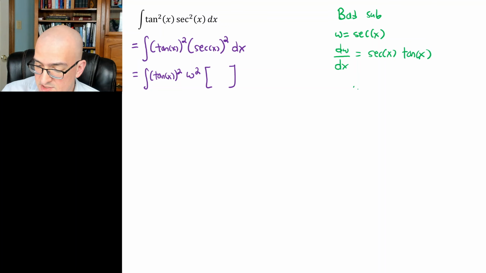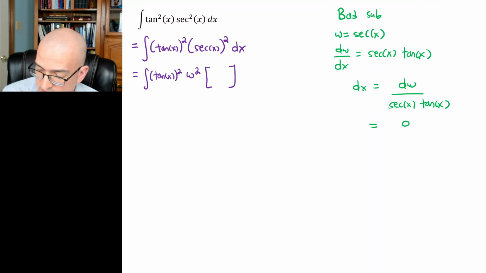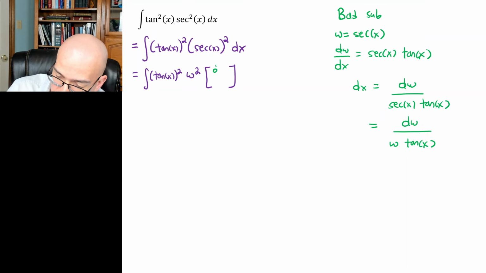And rearrange to get dx all by itself. Dx is dw divided by sec x tan x. And remember, w is secant of x, so we have dw over w tan x.